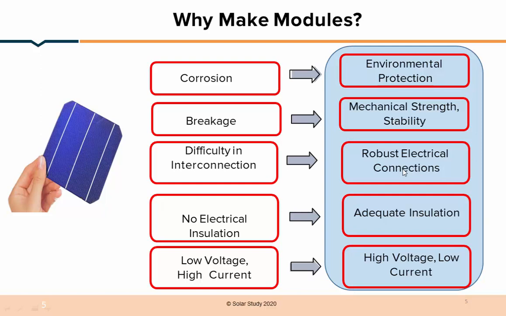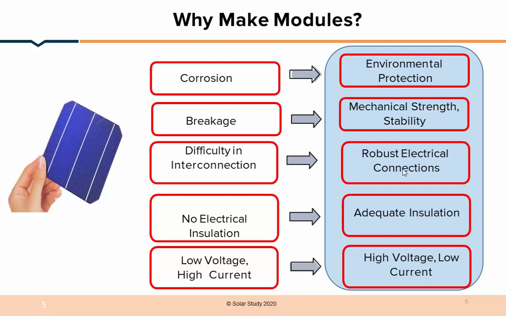By making modules, we can provide environmental protection to the cell. Then with the aluminum frame on the module, we get stability and strength, and there is easy connection. There will be a standard connection for all the modules. Then we can also introduce insulation to the module system. Now we can get a high voltage with a low current.